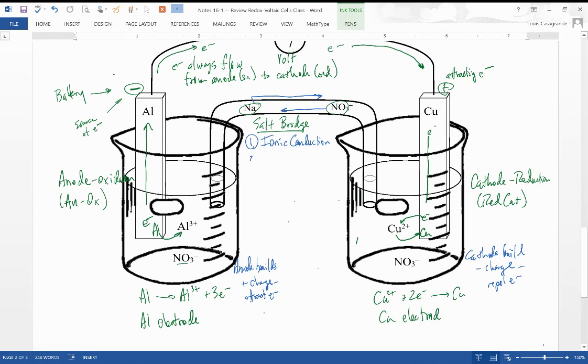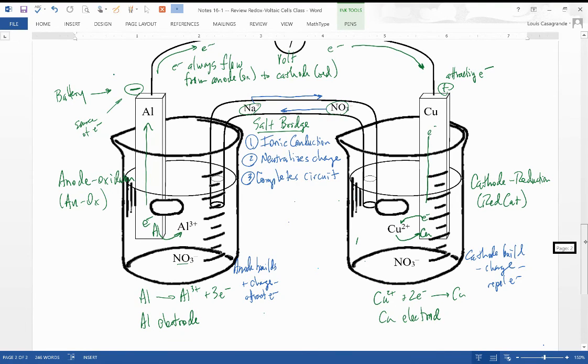The conduction happens, and it neutralizes the charge that would build up. And the other thing it does, something you always need, is that it completes the circuit. We always need to have a complete circle going on here.